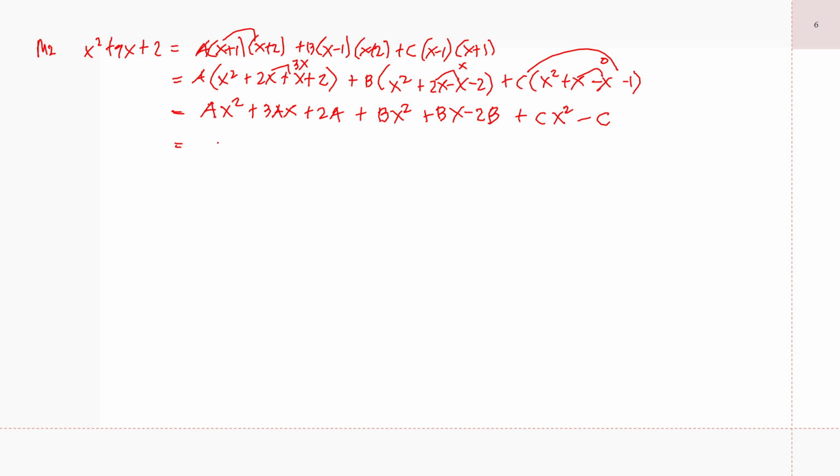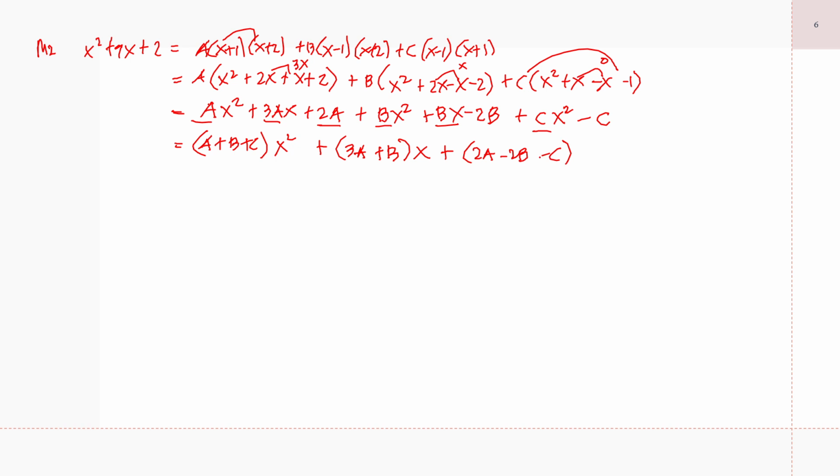So we have here A, B, and C. So A plus B plus C is equivalent to x squared, plus 3A plus B for x, plus 2A minus 2B minus C for the constant.